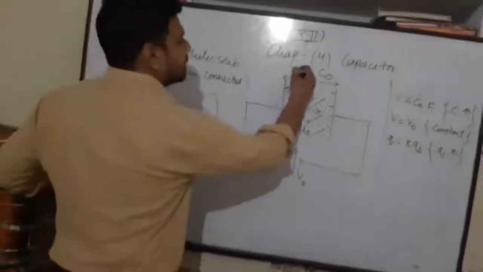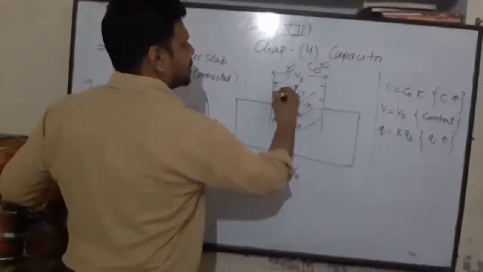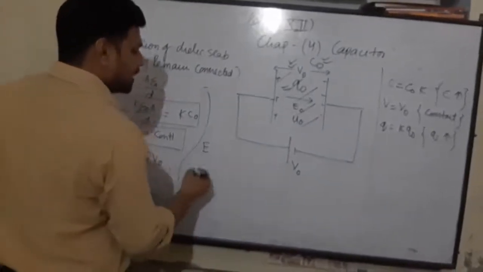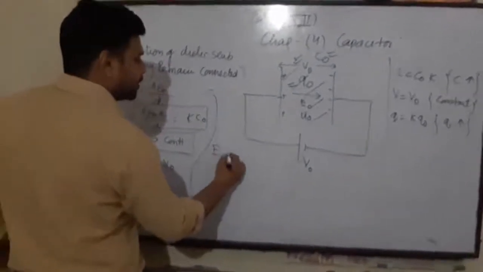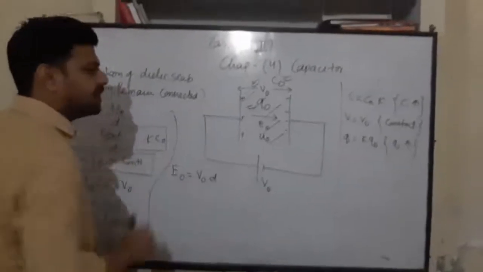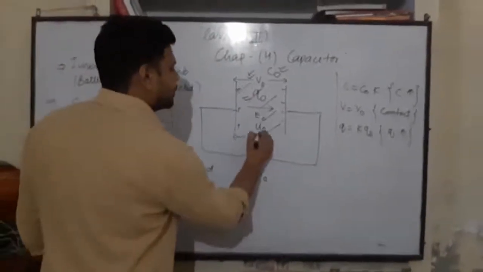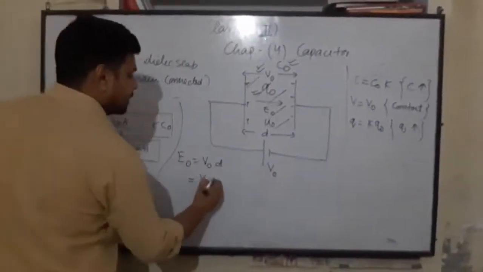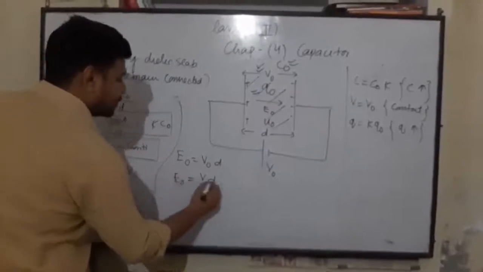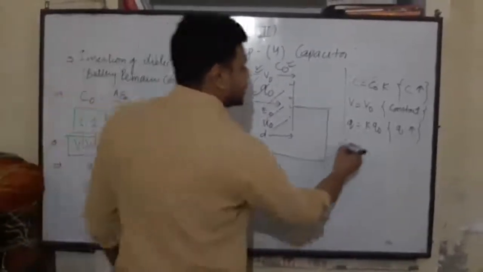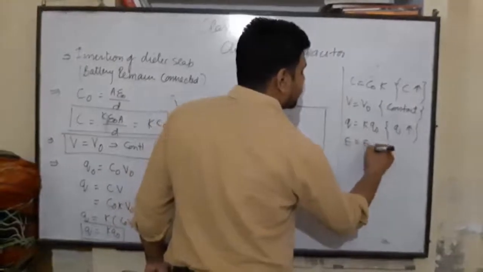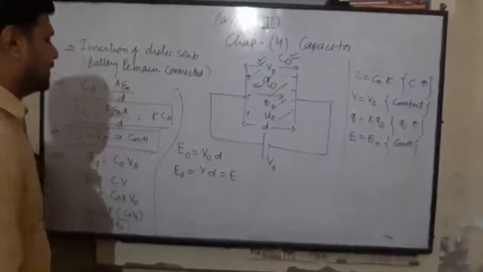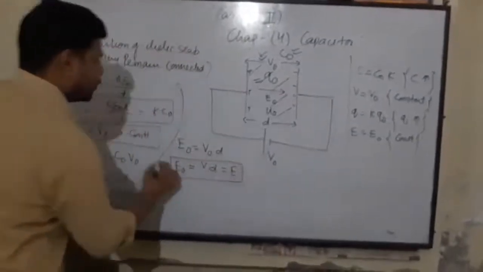Now we have done V naught, C naught, Q naught. What about E naught? The initial electric field is given by E naught is equal to V naught over D, where D is the distance between the plates. V is constant and D is constant. So E is equal to E naught, which is constant. E is also constant.